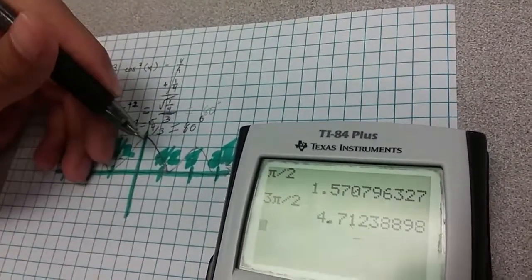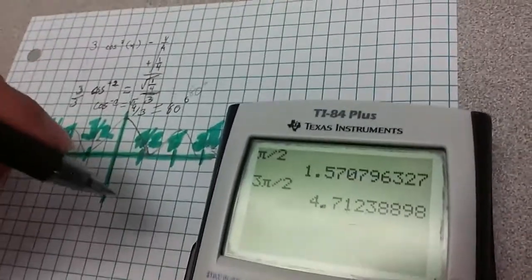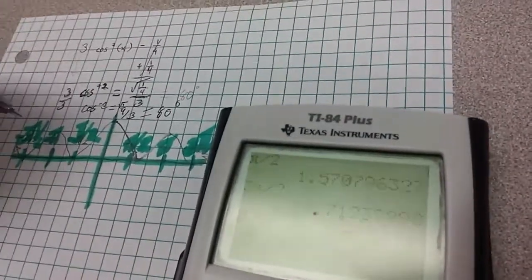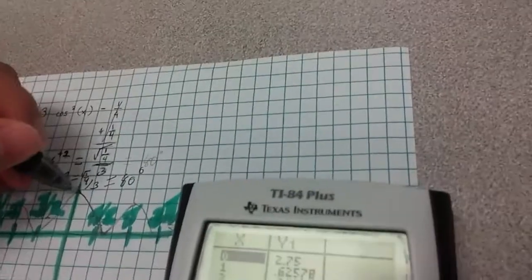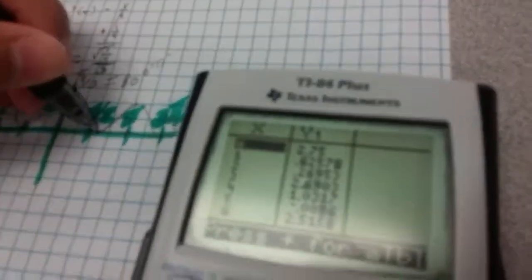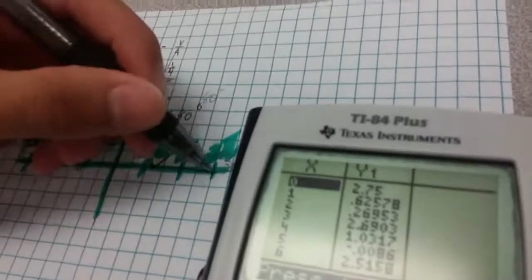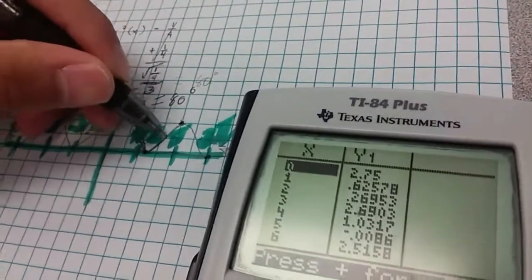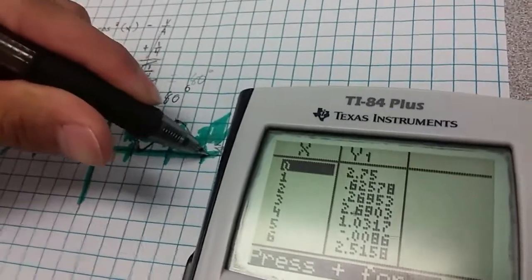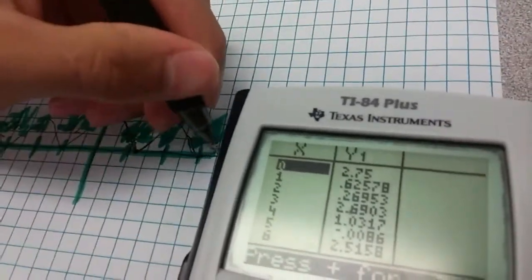And then after you've done that, now you go to table, and then you have to see how it all works. And so this was the graph.